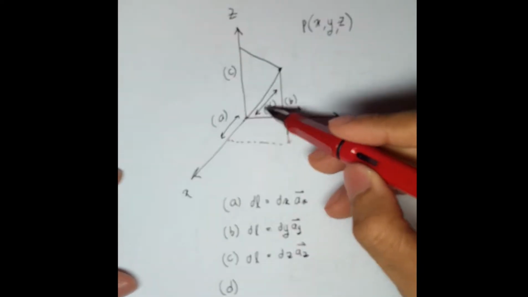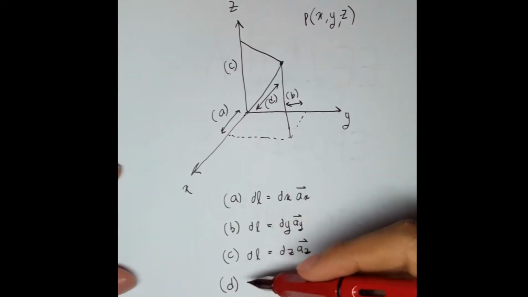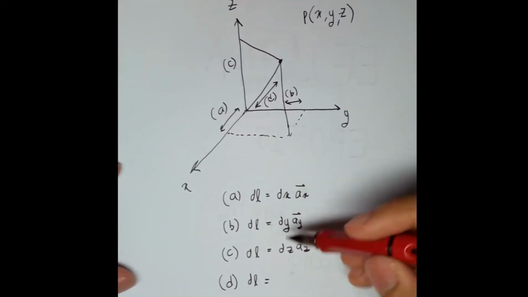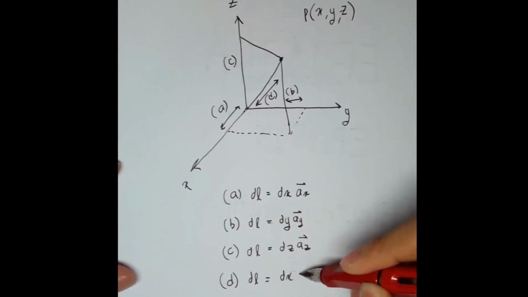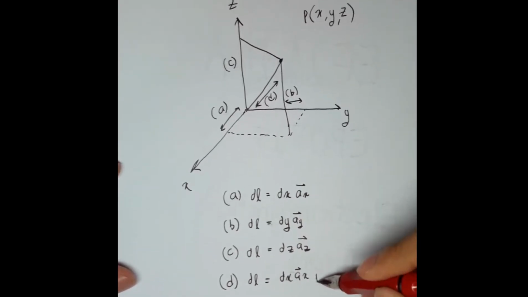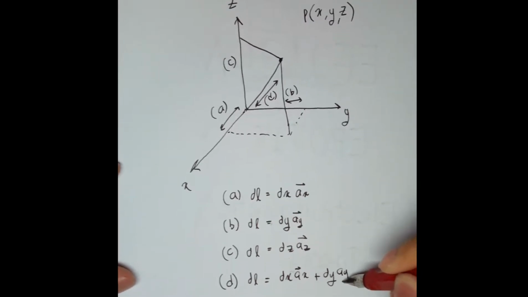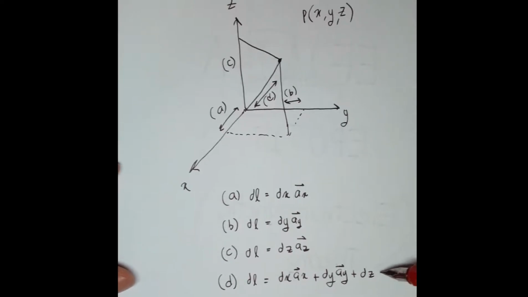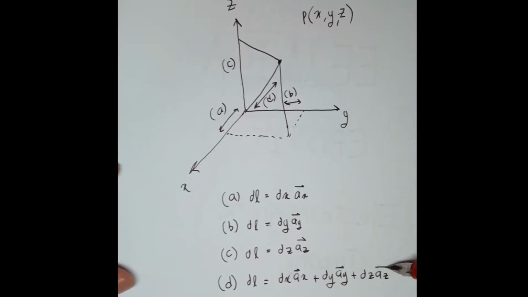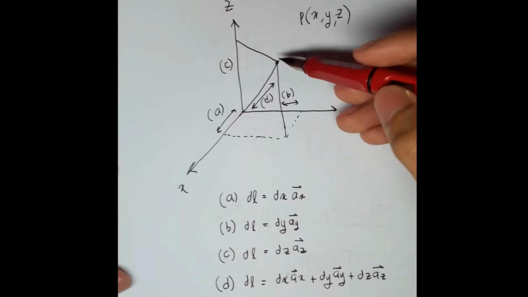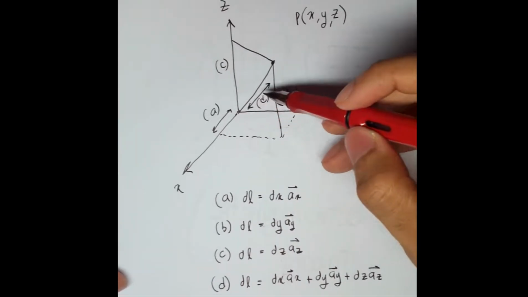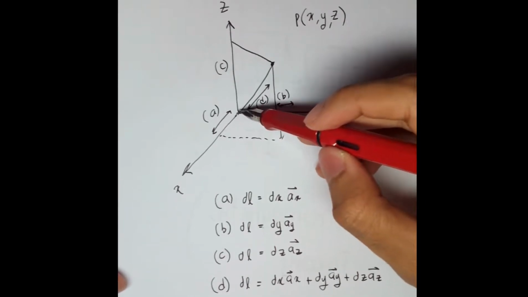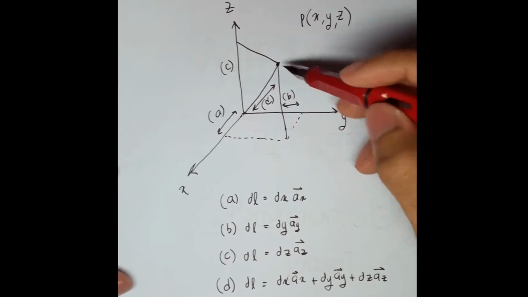For D, we will get the total of A, B, and C, that is dx ax plus dy ay plus dz az. It is because it is pointing from the origin to this point here.